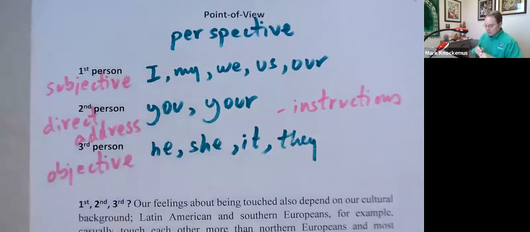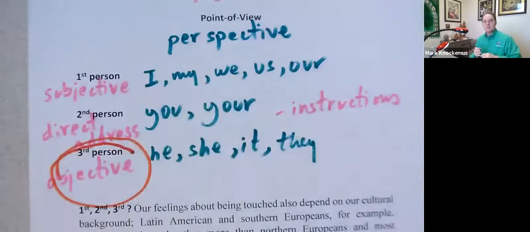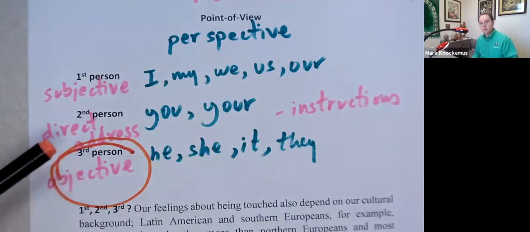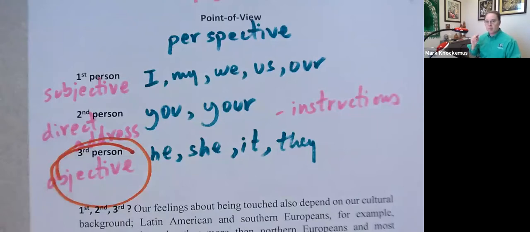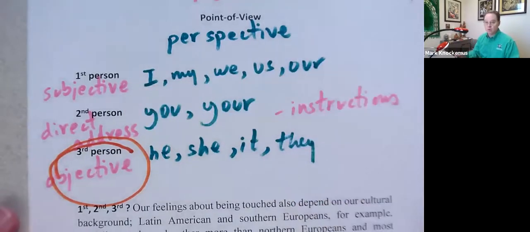And in college writing, this is the point of view that we want to focus on moving forward. We want to write in the third person. Third person objective writing is very, very common in academia. You should only write in first or second person if you're told to.